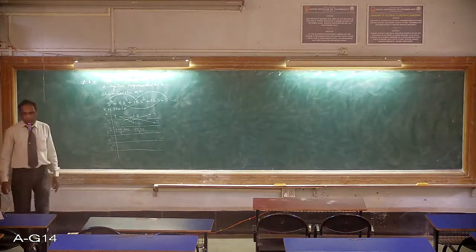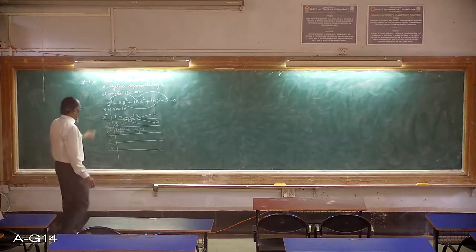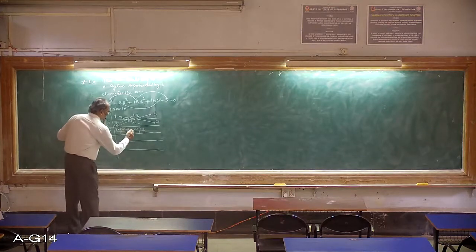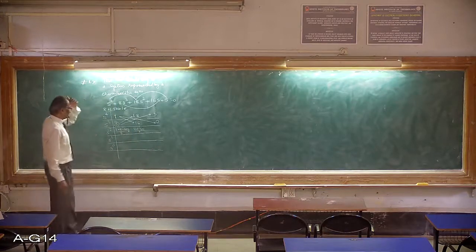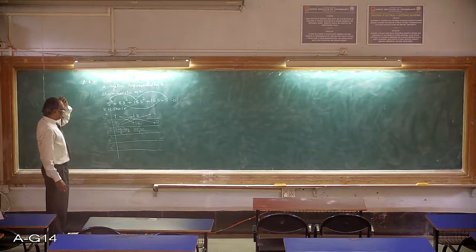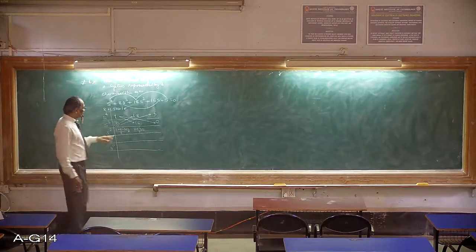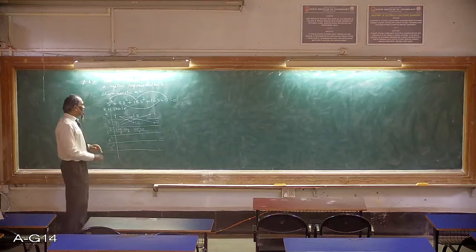Now to get the next row, you write down the expression, the determinants, and the values here. 8 into 18 minus 1 into 16 divided by 8.